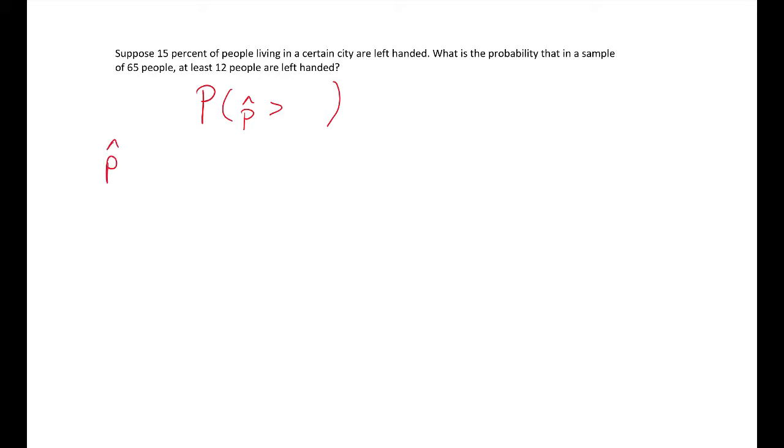So p hat, the sample proportion: to figure that number out, you're going to take the 12 and divide it by your sample size of 65. Here it doesn't specify decimal places, but let's assume that we want 2 decimal places. So let's do the same trick as last time. Let's use 3 decimal places everywhere until the very end, then we'll round back down to 2.